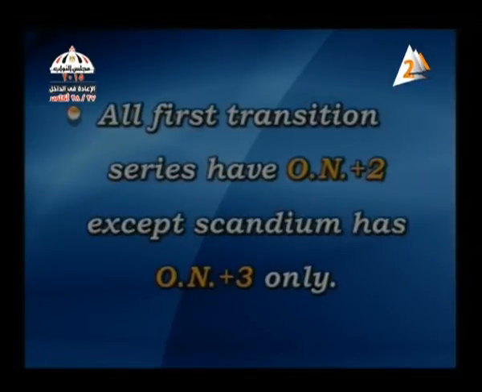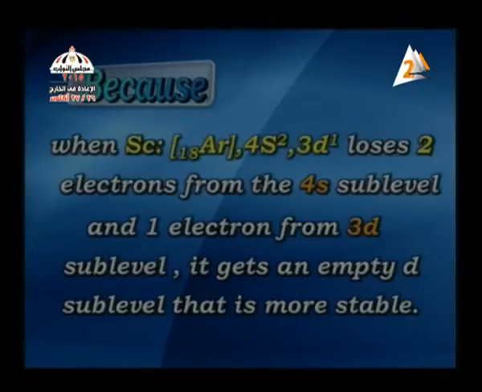Next point: all first transition series elements have oxidation number positive 2, except scandium, which has oxidation number positive 3 only. The reason for that is that scandium has the electronic configuration argon 18 4s2 3d1, and when it loses 2 electrons from the 4s sublevel and 1 electron from the 3d sublevel, it gets an empty d sublevel that is more stable.